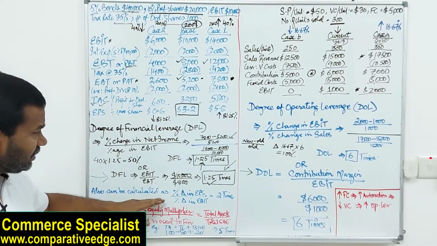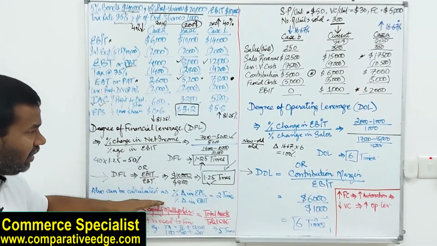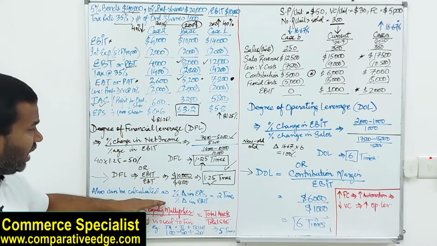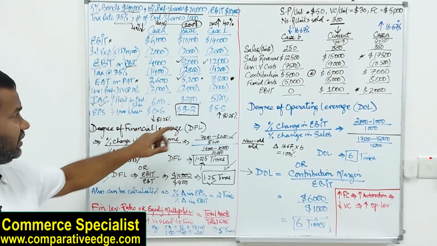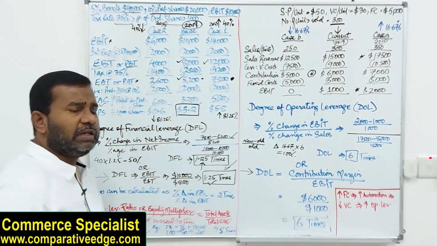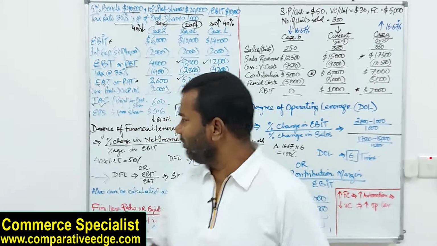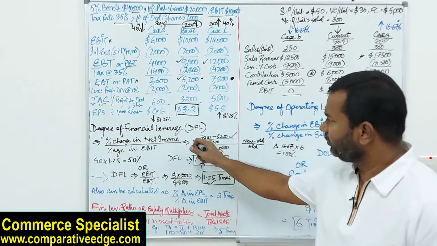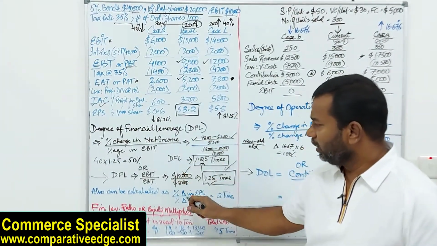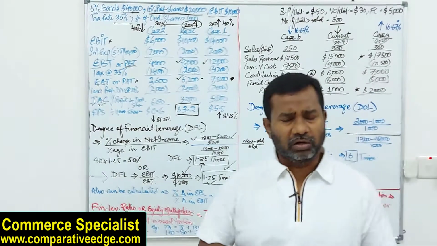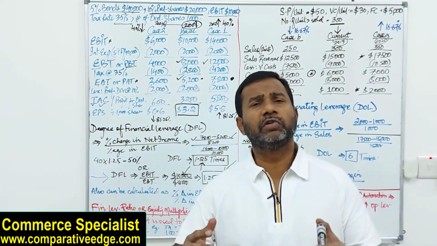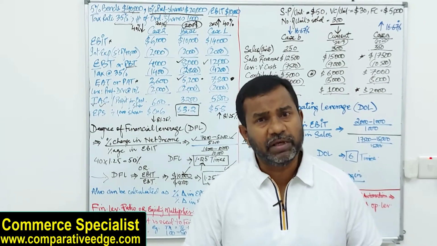So this change can also be measured in terms of EPS. That's why I calculated EPS. In certain qualifications, not in CMA, CMA, they calculate it this way or this way. But in certain other qualifications, they also measure it as a percentage change in EPS.